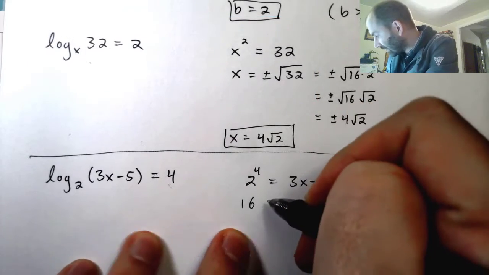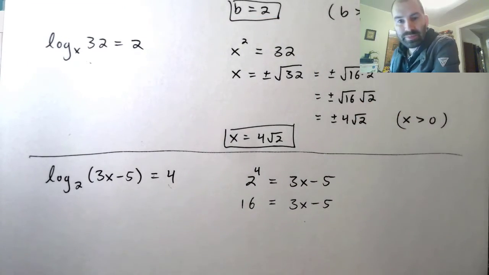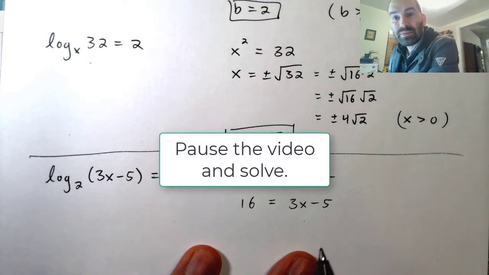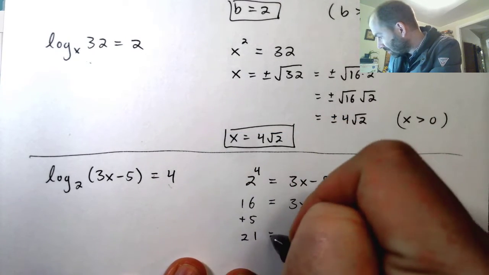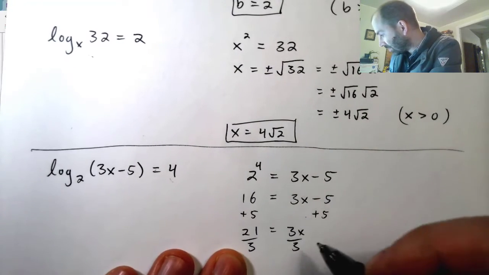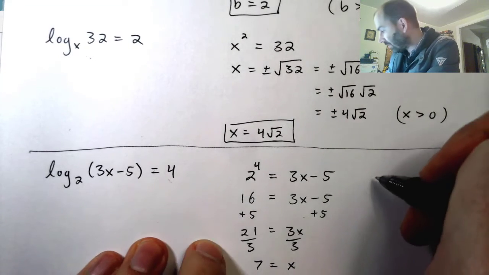So 2 to the 4th is 16. Right, so I'll just solve this. We add 5 to both sides. Divide both sides by 3. And we see that x equals 7.